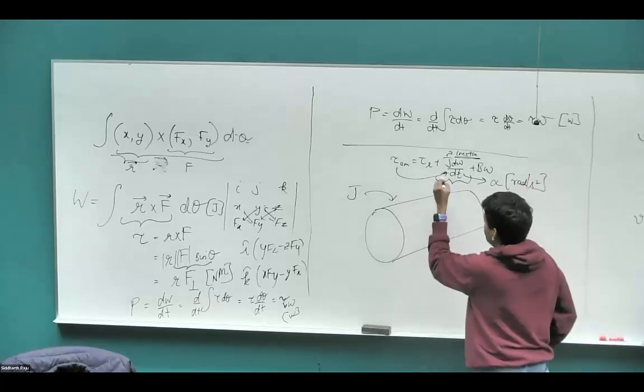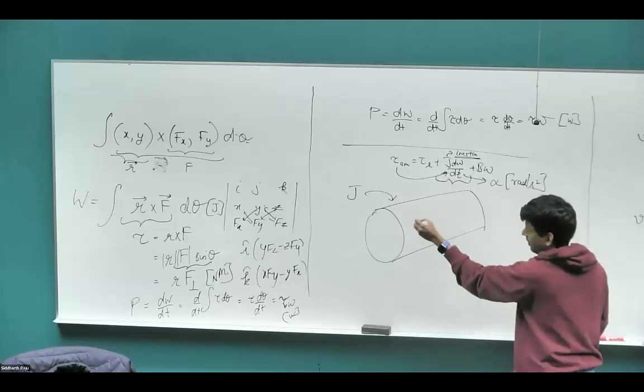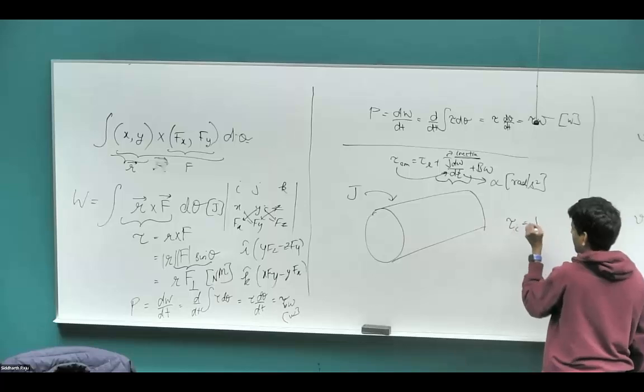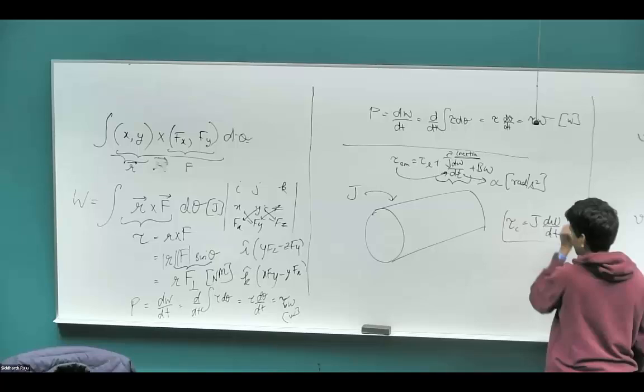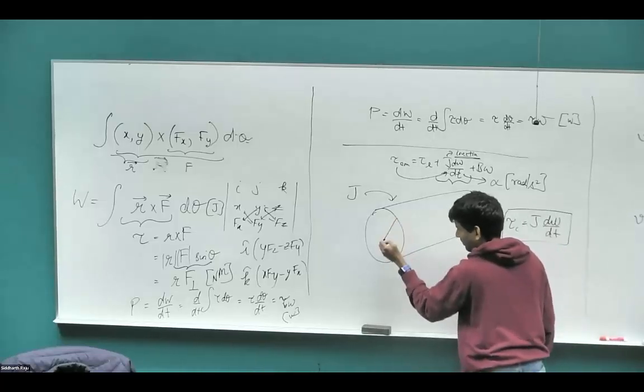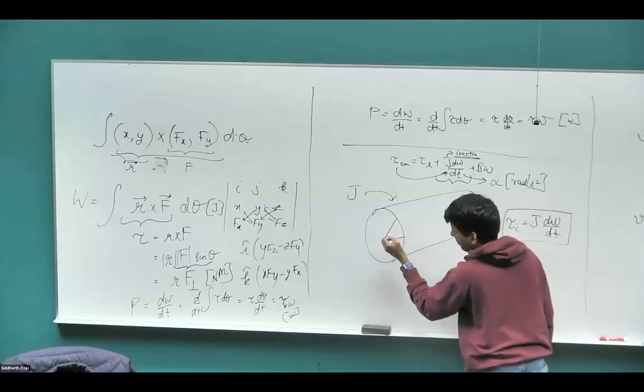Okay, so we are going to derive this particular expression where the torque of this inertial system is going to be J times d omega by dt. If this is not a definition, we are going to derive this. So let's start off with a tiny segment d theta.